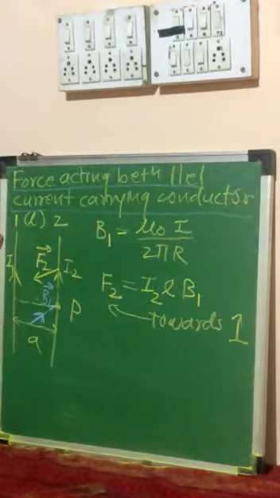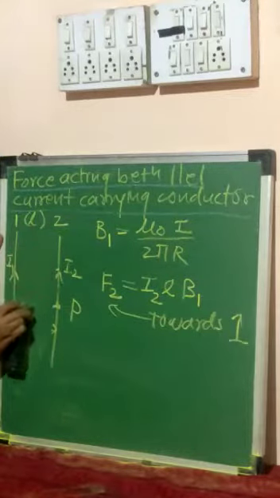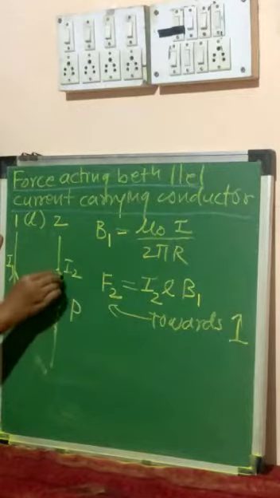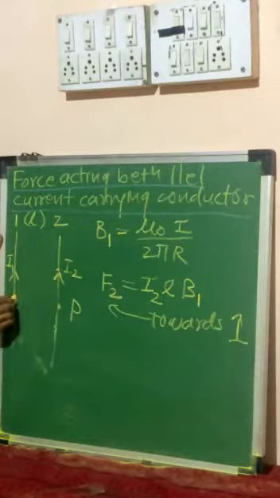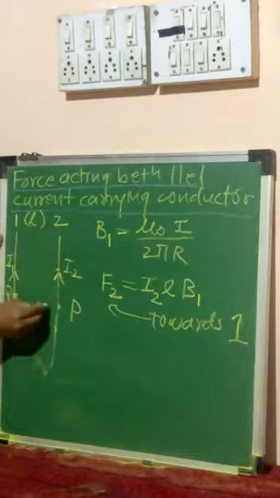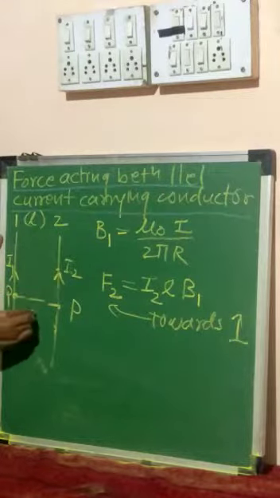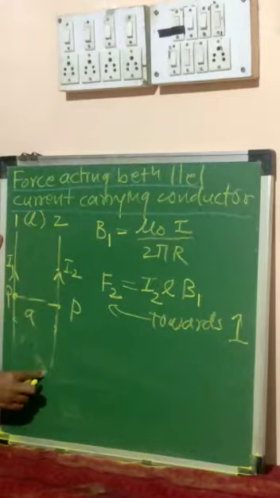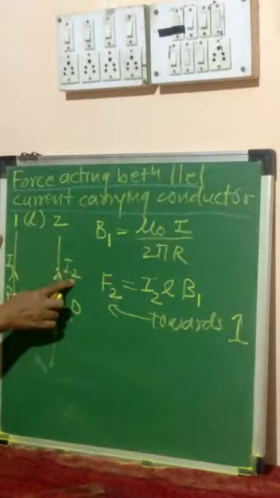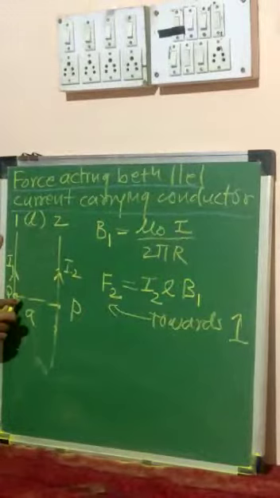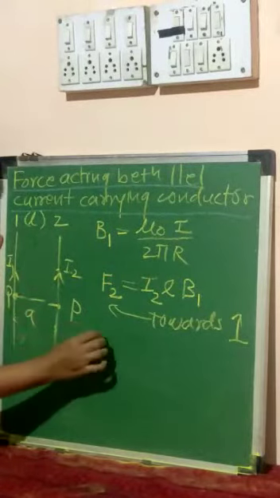Now we can think about the second conductor. The current flowing through this second conductor is I2. I can locate a point Q at a distance a from the second conductor. Due to the flow of this current I2 through the second conductor, the magnetic field produced at point Q I can call B2.